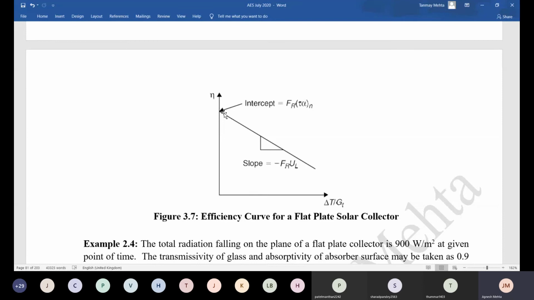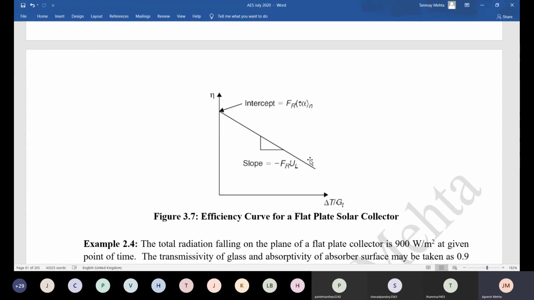In that case, even in that case, the efficiency will not be 100%. That is because there is optical loss, as well as the collector is operating at a temperature a bit higher than the ambient conditions. Right. So this is the typical graph that you'll get for the flat plate collector efficiency, and it is plotted versus delta T upon GT.